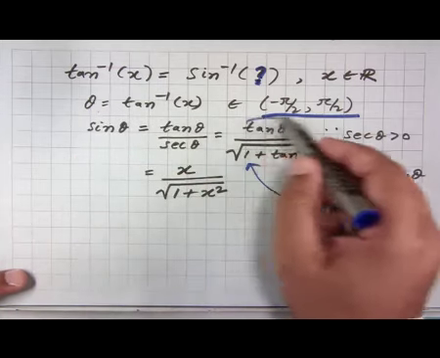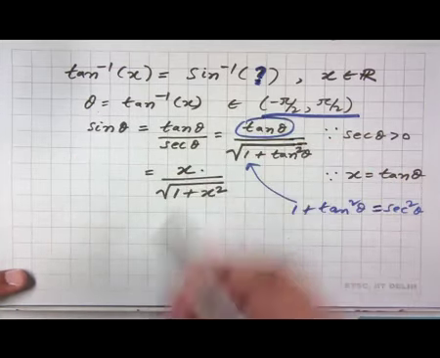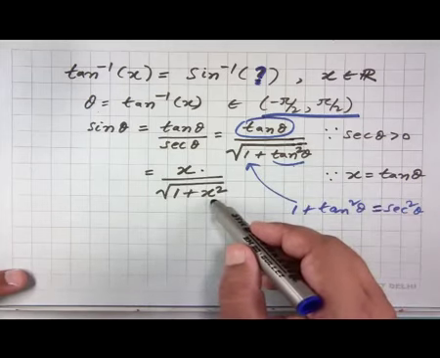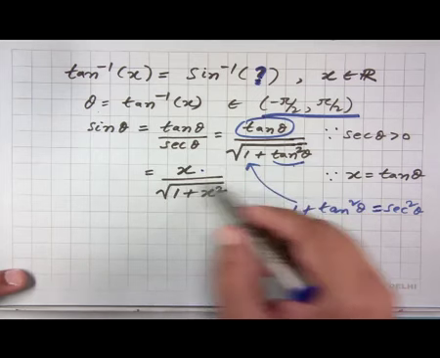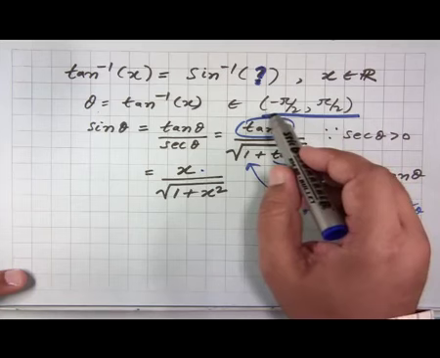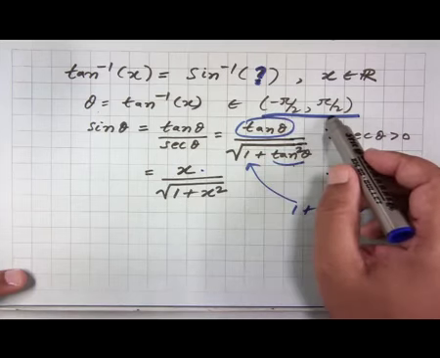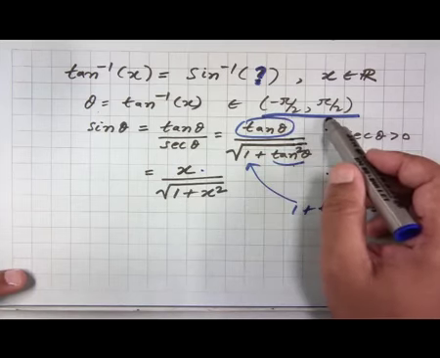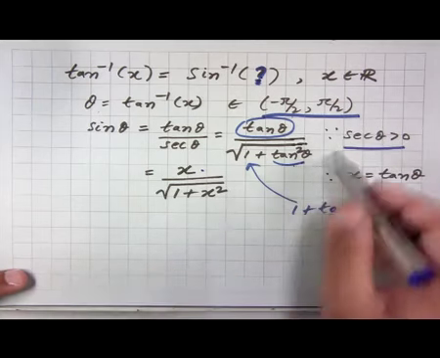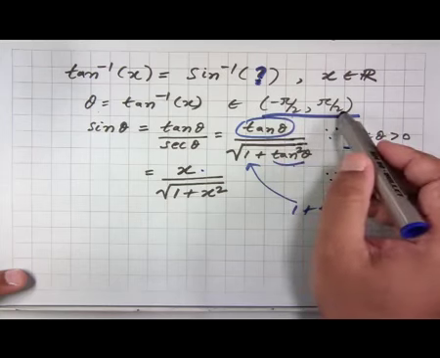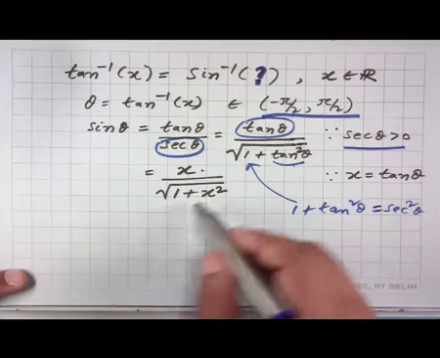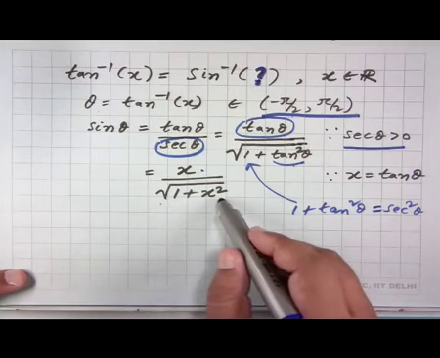So, we replace this tan theta by x here, and then tan square theta will get replaced by x square. This square root here is a positive square root, the reason being that when theta belongs to the interval minus pi by 2 to plus pi by 2, cos theta and therefore secant of theta is positive for all theta in this interval, and therefore, since secant theta is positive, we will take the positive square root of 1 plus x square.